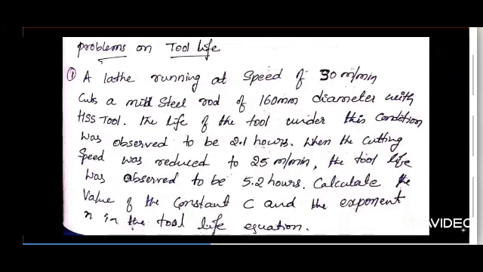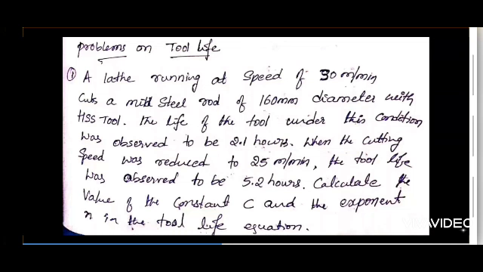Now the problem: a lathe running at a speed of 30 meter per minute cuts a mild steel rod of 160 millimeter diameter with an HSS tool. The life of the tool under this condition was observed to be 2.1 hours.